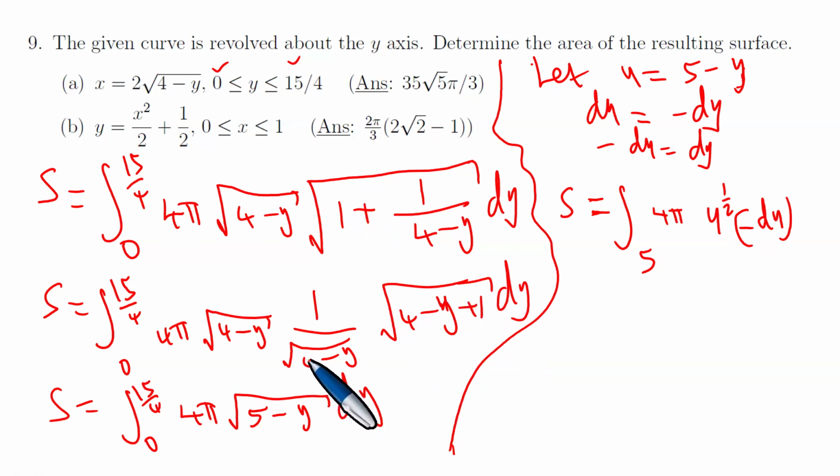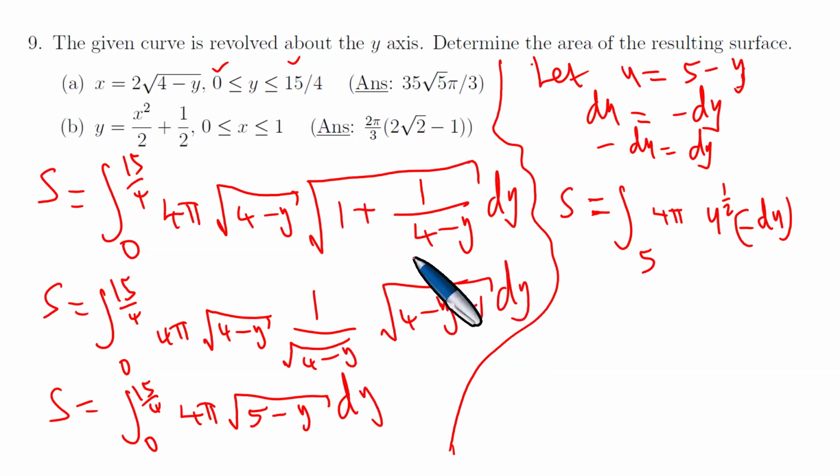Because when you multiply by the 1 over 4 minus y with the square root, you multiply this with that, the 4 minus y is going to cancel because this was a square root, this is a square root. So when you multiply this by that, the 4 minus y is going to cancel, giving us 1. And then you also have the 1 over 4 minus y times 1, which is 1 over 4 minus y. So indeed, this is equal to that.